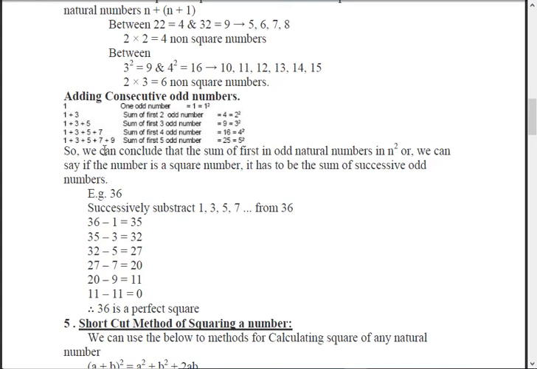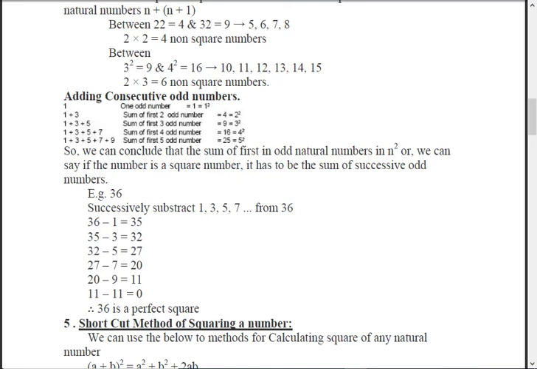So we can conclude that the sum of the first n odd numbers is n square, or we can say if a number is a square number, it has to be the sum of successive odd numbers. This is very important. If a number is a perfect square, then it has to be the sum of successive odd numbers. See this, 25 is a perfect square, so it has to be the sum of successive odd numbers.